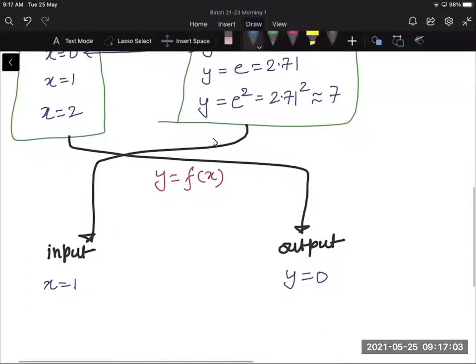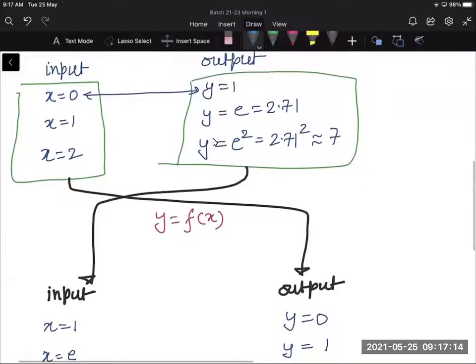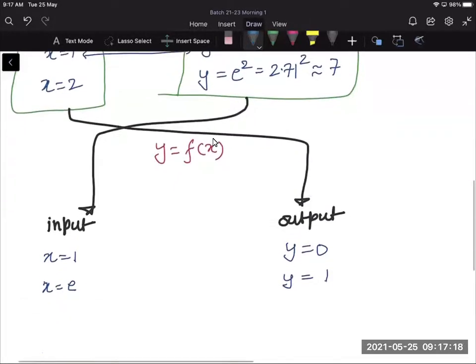In the second case, I want the input to be x equal to e, and the output to be y equal to 1. In the third case, I want the input to be around 7, and the output to be equal to 2.